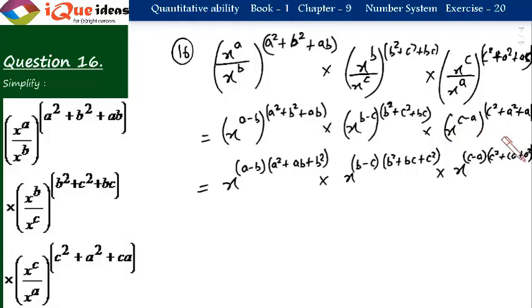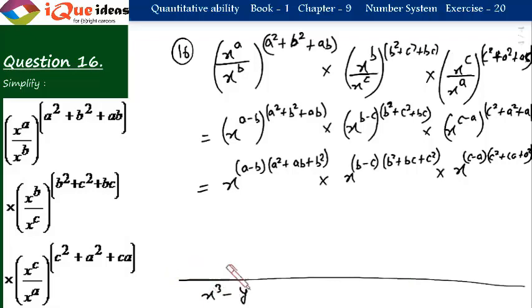Right? Now I hope you remember there is a formula of x cube minus y cube that is given as x minus y into x square plus xy plus y square. Now according to this formula, you can apply here, if you look at the reverse side, x minus y into x square plus xy plus y square, it is x cube minus y cube.